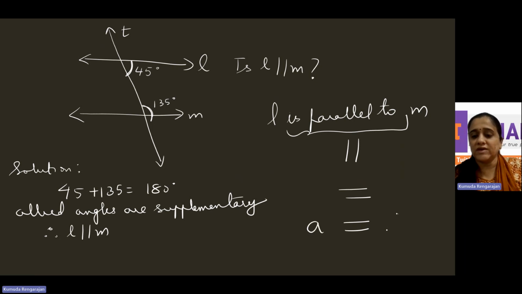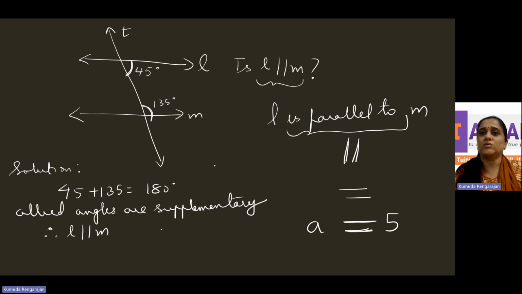If I put here A is equal to 5, this is not just equal, it is read as is equal to. Similarly, this one is parallel to. L is parallel to M.